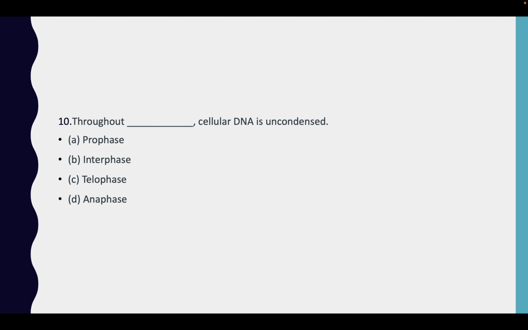C, ma'am. Telophase. Uncondensed. Interphase, ma'am. Yes, interphase. DNA exists in loose, uncondensed form called chromatin, while in other phases like prophase, metaphase, anaphase, and telophase, which are part of mitosis, DNA condenses into visible chromosomes there.